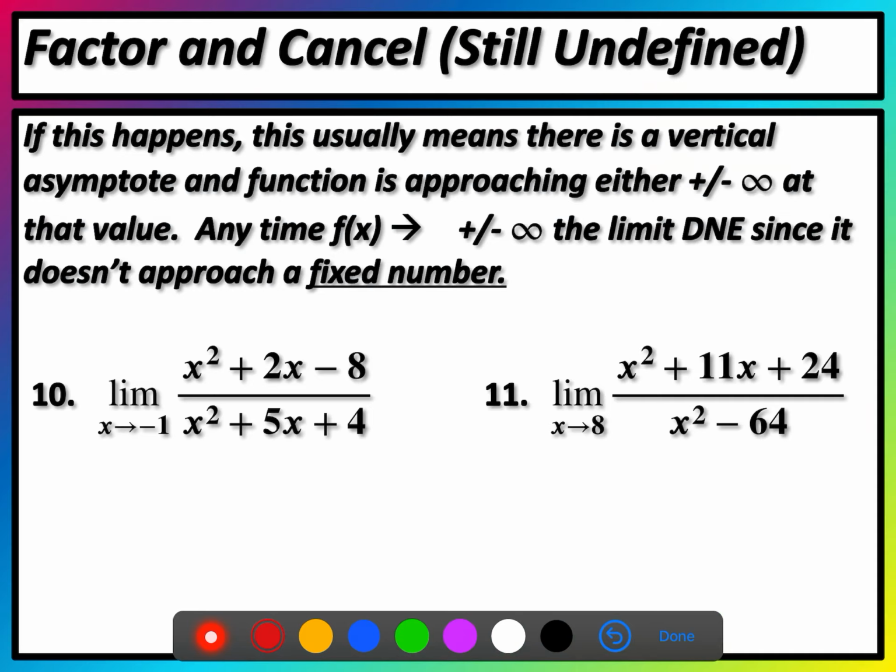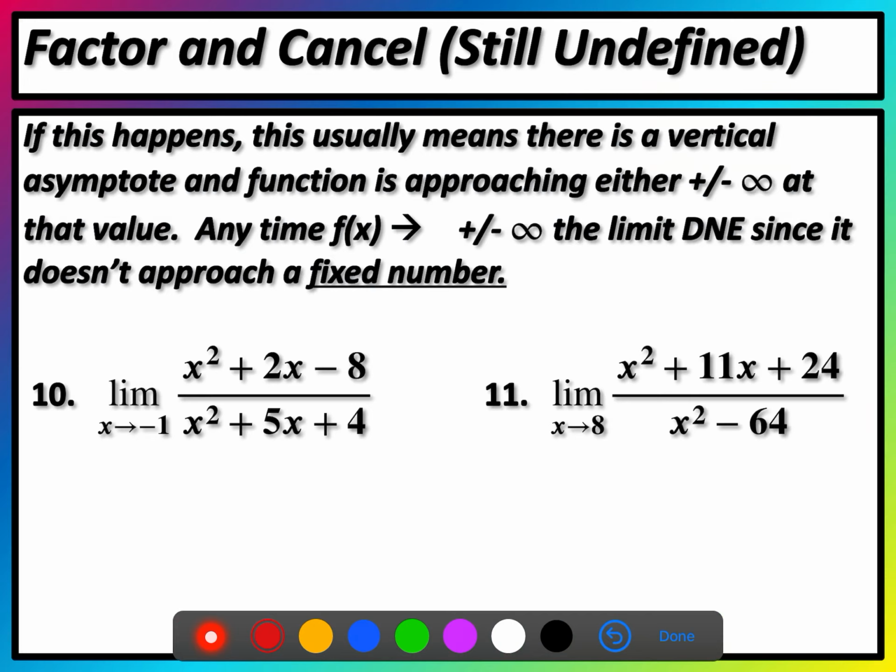Okay, and that's essentially what is happening. When you get an undefined, you get does not exist. One side of the function is approaching negative infinity, and the other side is approaching positive infinity.